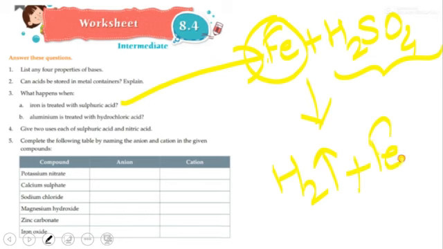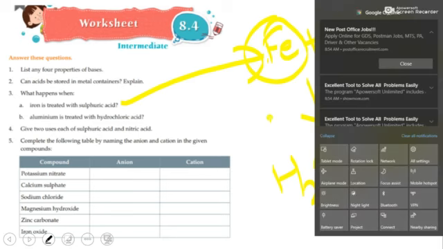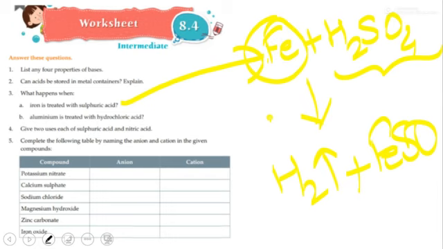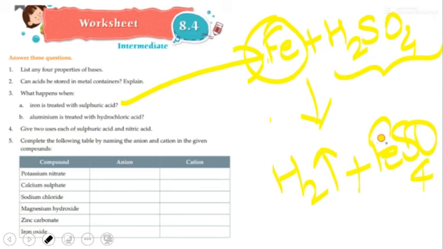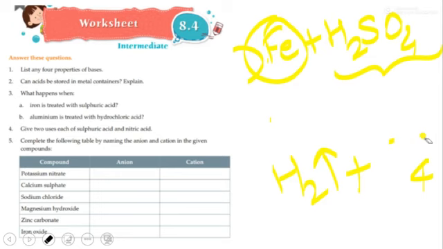Iron sulfate, the formula is FeSO4. This is FeSO4, right? I'm just writing it as small as possible.